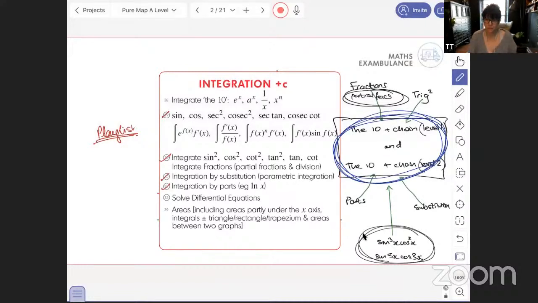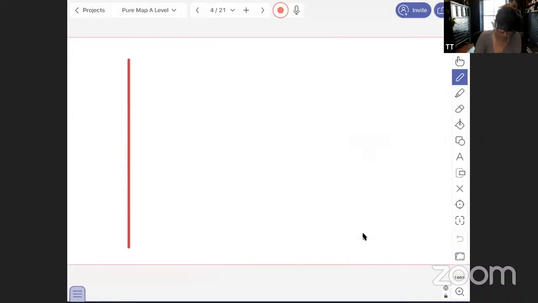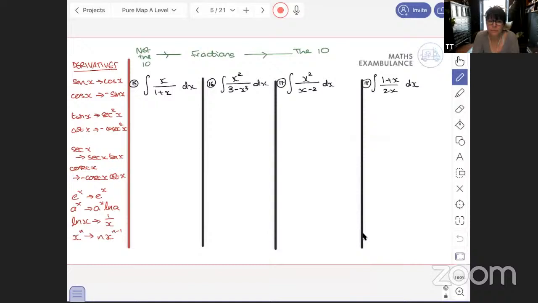That's it. Now we're going to look at some ways of getting to those 10 if we don't have those 10. None of these can I just write down the answer. None of them. But I can do some sneaky algebra to fiddle around with them. And then things that are not the 10 are going to become the 10.